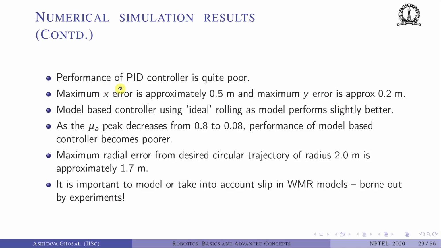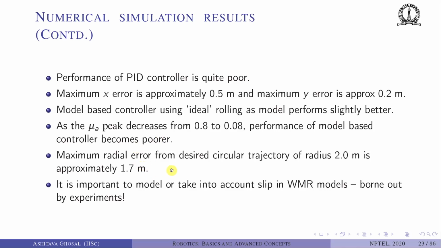So as I said, the performance of the PID controller is quite poor. Maximum error in X is about half a meter. Maximum Y error is 0.2 meters. Model-based controller using ideal rolling as model performs slightly better. However, as the mu-a peak decreases from 0.8 to 0.08, so 10 times smaller, the performance of the model-based controller also becomes poorer.